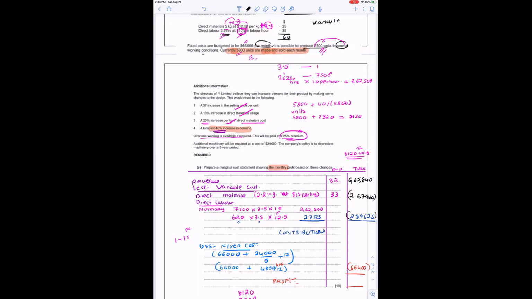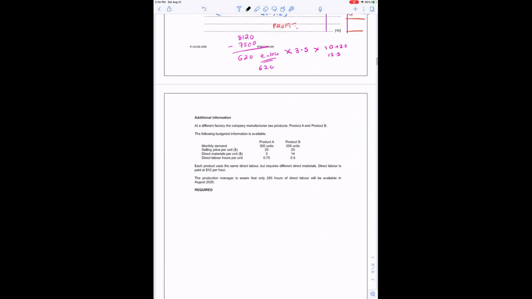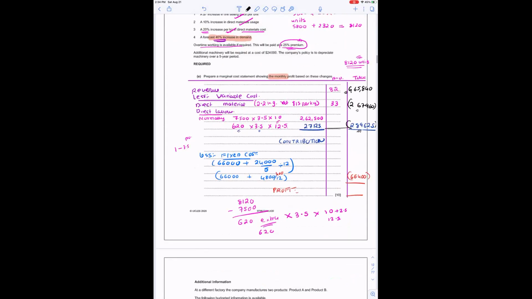Just subtract all of this from your revenue. From your revenue of 6,65,840, subtract the direct material cost, subtract the direct labor cost, you will get a contribution. How much contribution you are getting? You will get a contribution of 1,08,255.